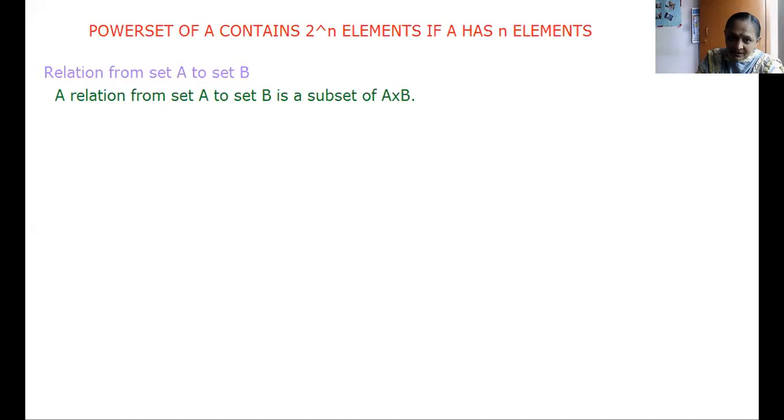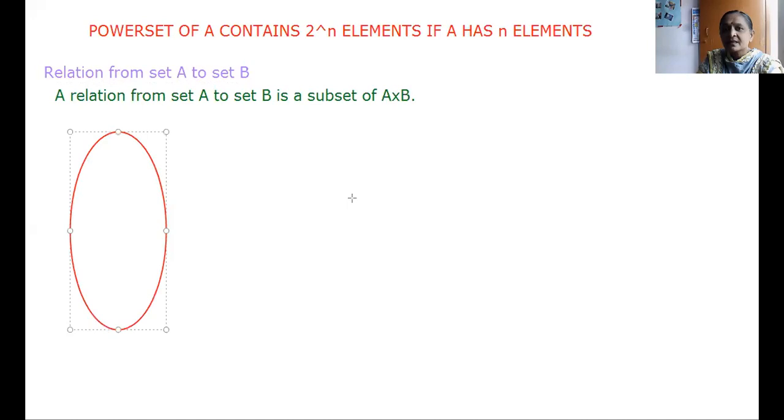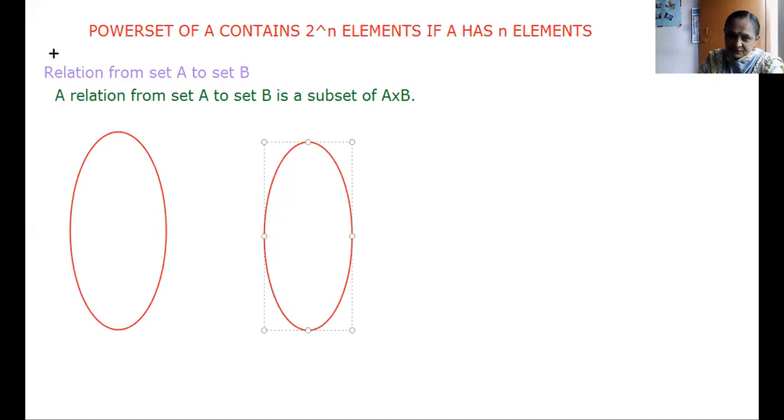So let us have a Venn diagram so that you will come to know with the example. So this is my set A, and one more set let me have. This is my set B. Set A and set B I have shown.